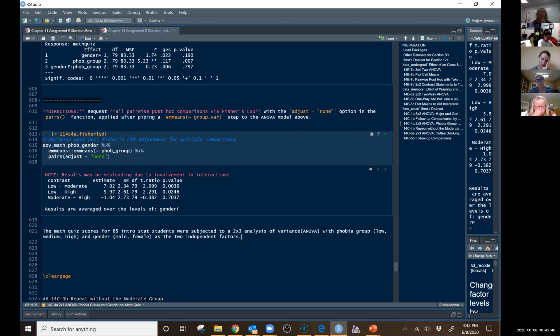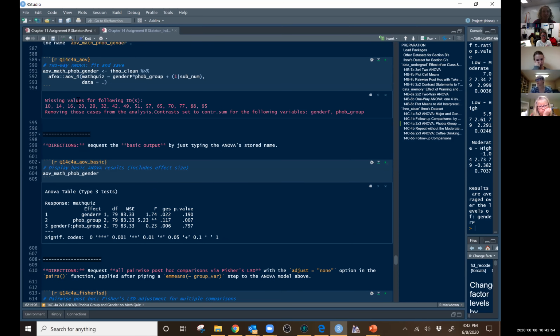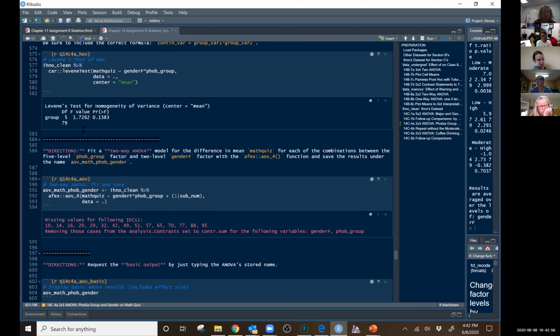Now that's everything we need for methods basically. Except, what does it leave out? Assumptions. Yeah, so we need to write something about our assumptions. I'm going to grab this.